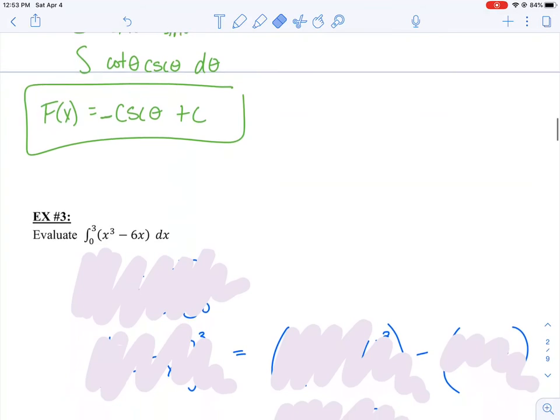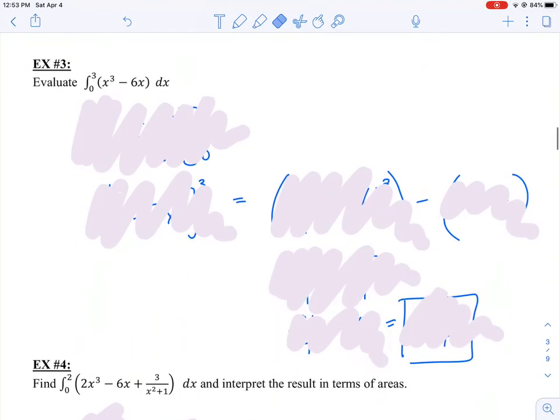Let's do one more of these, but example number 3 looks a little bit different. Do you notice how on example number 3 we are now doing a definite integral because we have those limits of integration? And so your answer on this one shouldn't end up being an equation. It should end up being a number, a value for the antiderivative from 0 to 3. Okay? So let's use our antiderivative rules.